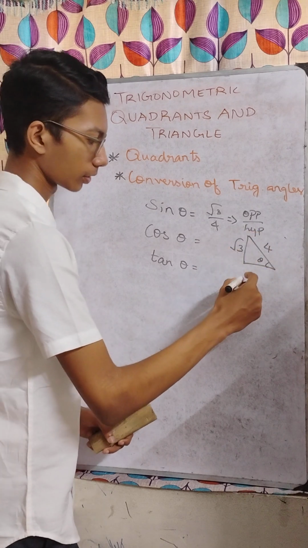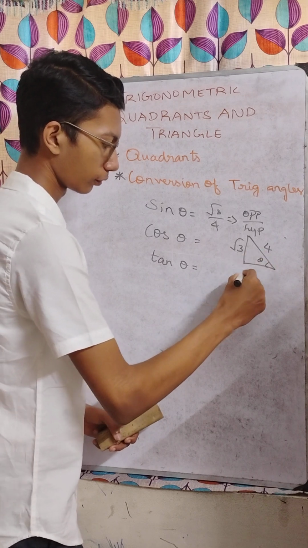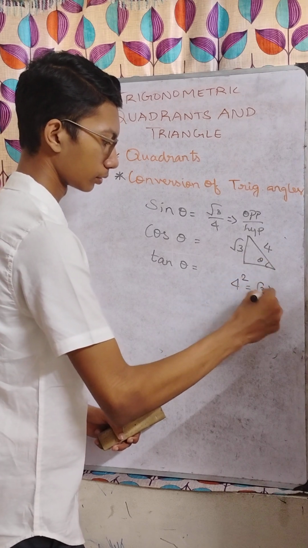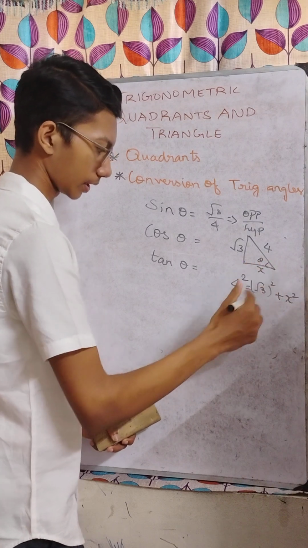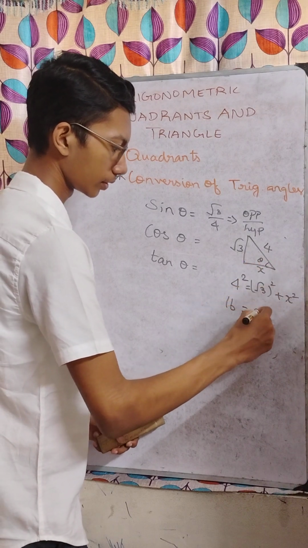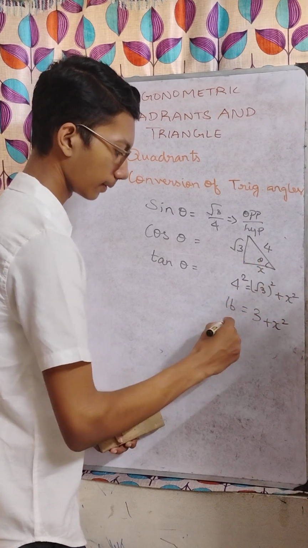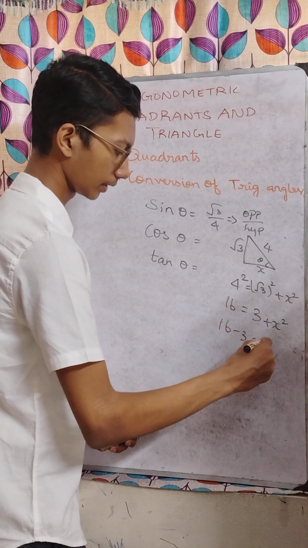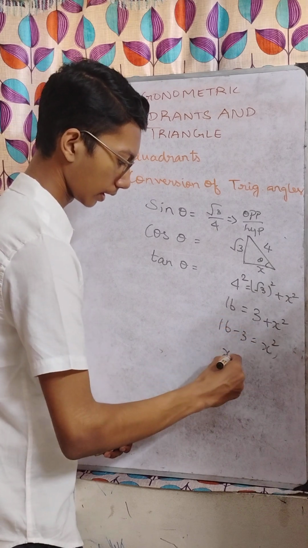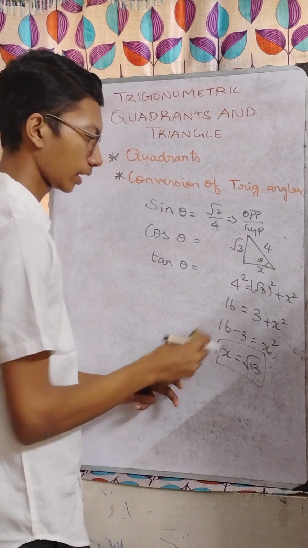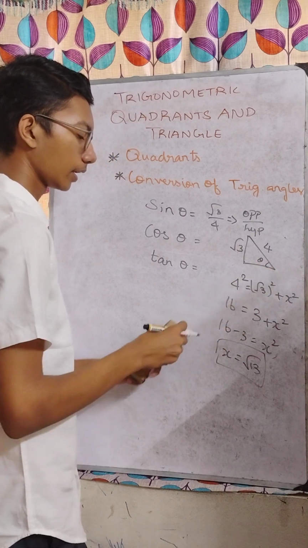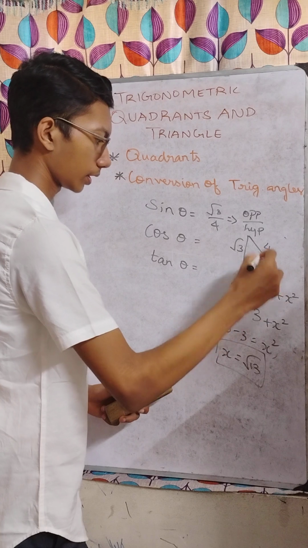Now we can use the Pythagoras theorem, that is 4 square equals root 3 square plus x square. So we'll take this side as x. 16 equals 3 plus x square. 16 minus 3 equals x square, and x equals root 13. So the value of the adjacent side in this triangle is root 13.